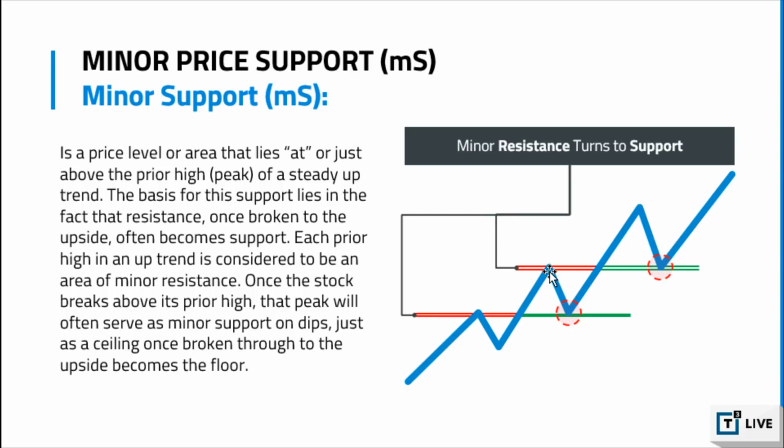So when the stock comes back down to where they shorted, they cover. Their covering pushes the stock higher, and it goes back up. That's the main reason why these pivot highs become support in an uptrend. What was resistance becomes support in an uptrend.